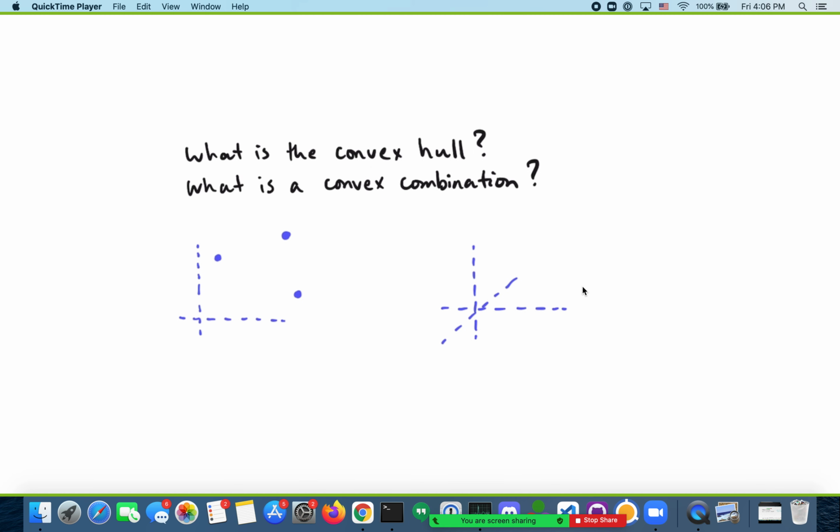What is the next question? What is the convex hull? What is a convex combination? Okay, so first some examples. Here I have 3 points in the plane.